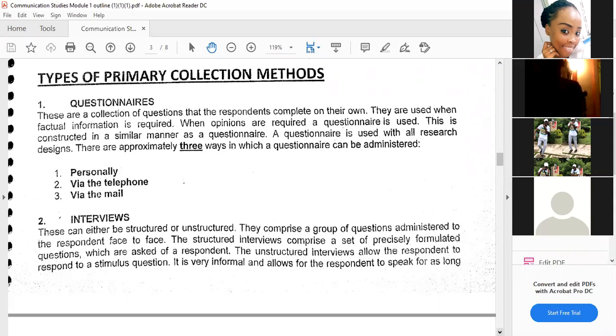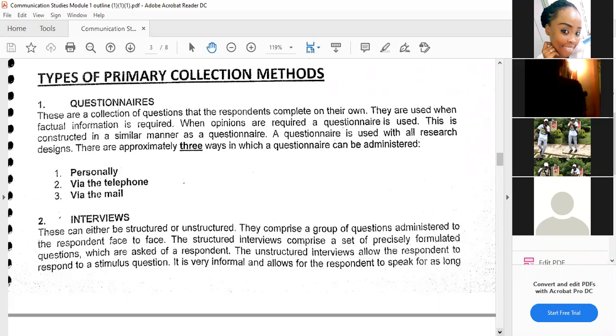When opinions are required, a questionnaire is used. A questionnaire is used with all the research designs. There are approximately 3 ways in which a questionnaire can be administered. So we can use questionnaires to find out facts or opinions, depending on our purpose for our research, right?